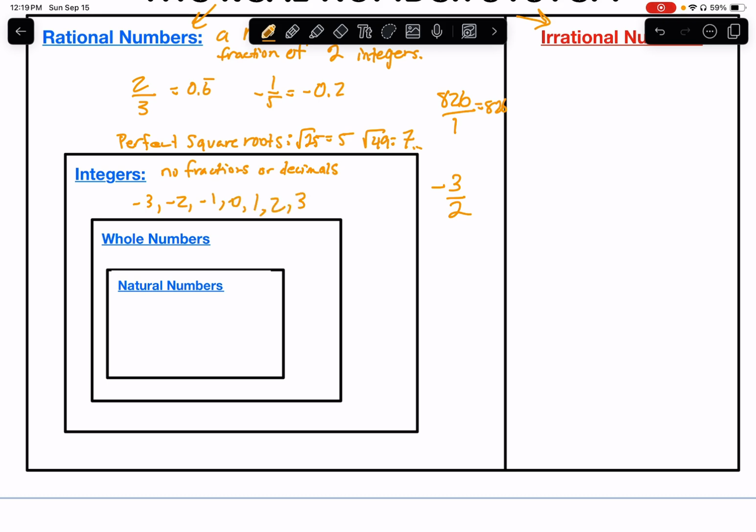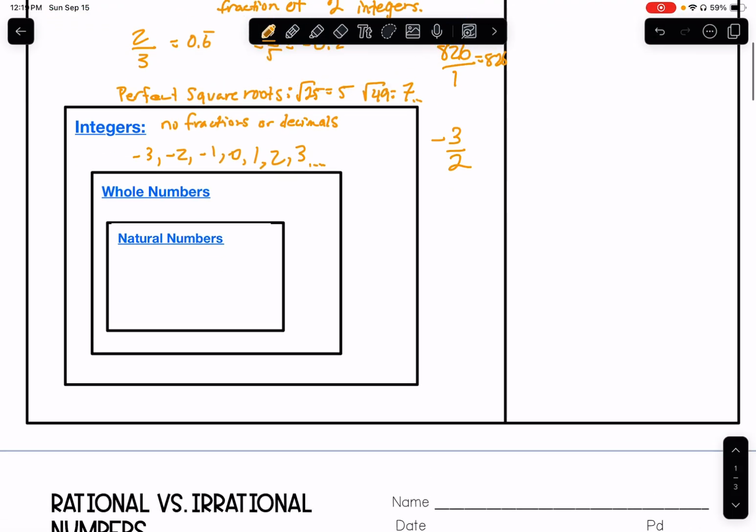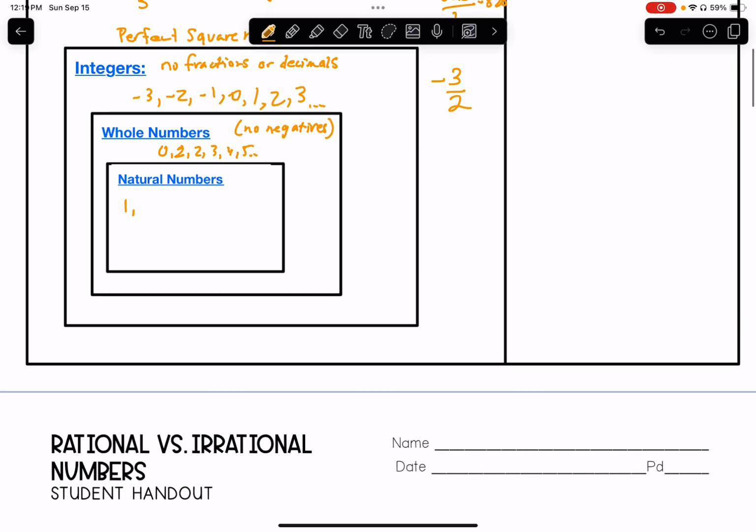No negatives for our whole numbers and no decimals. Now our natural numbers are our counting numbers, exactly what you learn to count with when you're a kid. Our counting numbers are 1, 2, 3, 4, 5, and so on. So all of our positive whole numbers that are not 0.